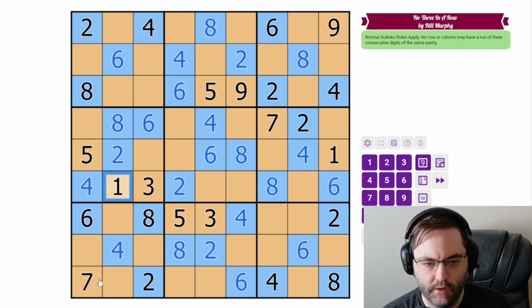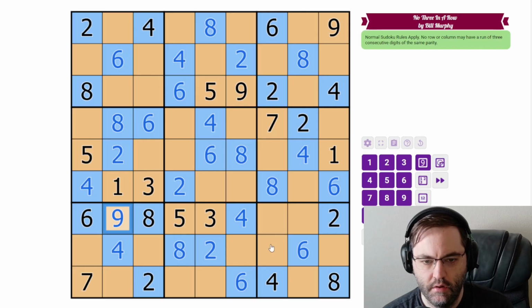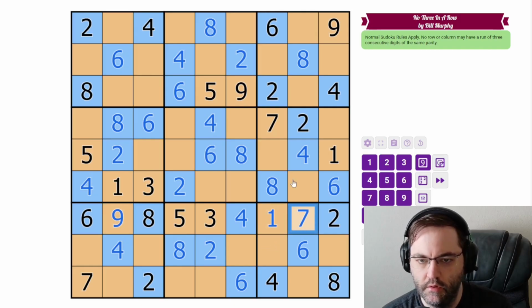This cell sees 3, 5, 1, and 7. It must be 9. These are 1 and 7. Let's continue with that. Seven in this box must go here.